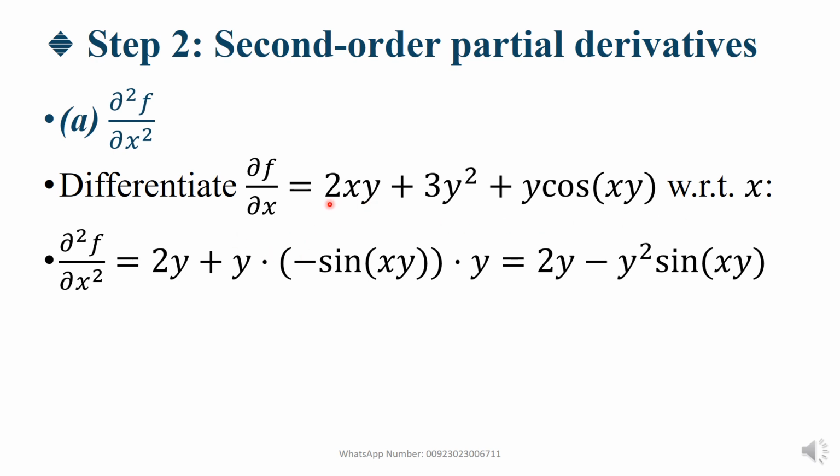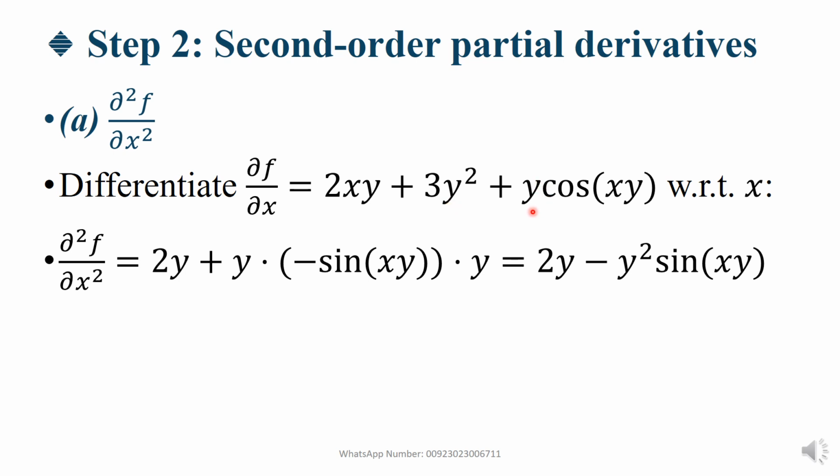The derivative of 2xy is 2y. The derivative of 3y squared is 0, because there is no x.